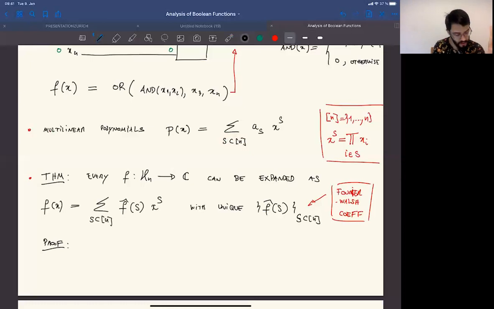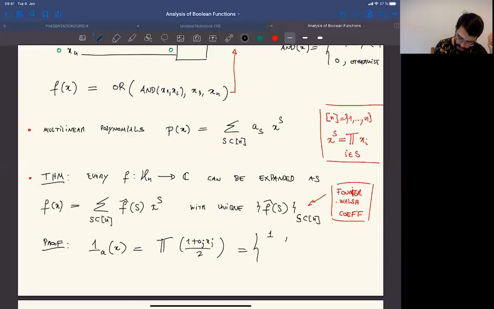There are two ways of seeing that. One way of seeing that is, for instance, what is the indicator function of a vector A? Well, that is this function here. So this is 1 if x equals A, and 0 if x is different from A. Why?